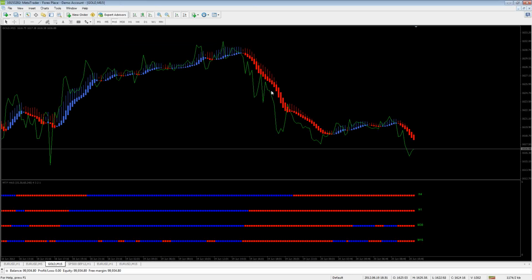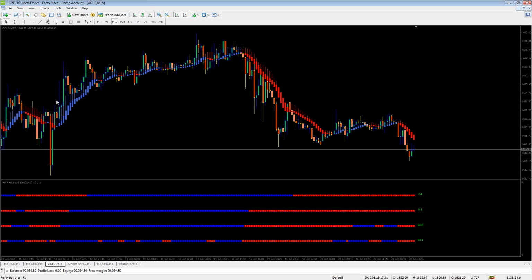So the smooth Heikin Ashi is not only Heikin Ashi, which is a filtering type of candle. These candles, what they do is they filter out noise by averaging the price. So if the recent candles are rising candles or bullish candles, then the Heikin Ashi will give us blue candles, even if here and there you see some bearish candles.